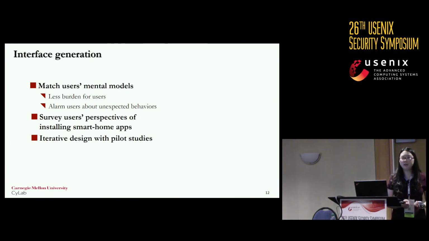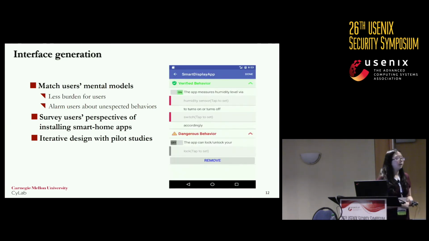We want to understand what kind of factors they care about when they install apps. And when we were designing the interface, we used iterative design with pilot studies so that we could improve our interface based on the previous comments. And in the end, we provide the design for the SmartAuth interface.